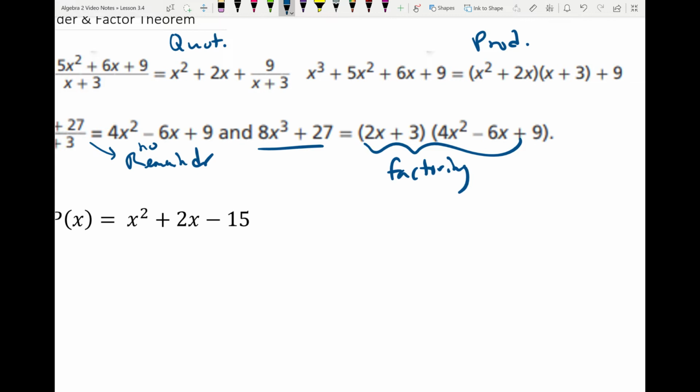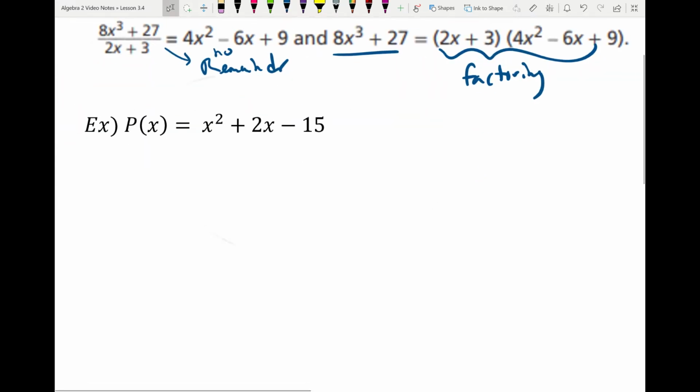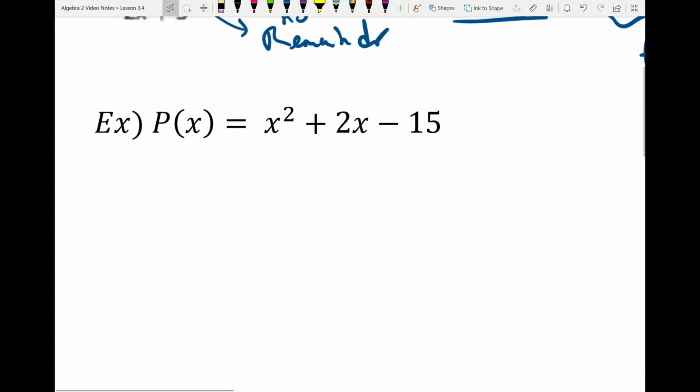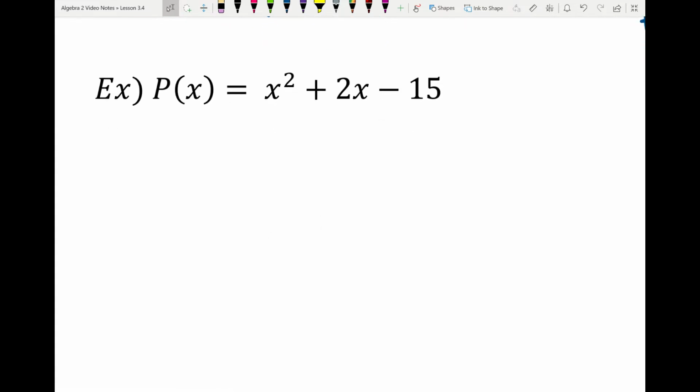So if you know that this polynomial is divisible by another polynomial, then you can write it in factored form. Let me explain that further. So let's look at this example. We have a polynomial, I'll call it p of x, equal to x squared plus 2x minus 15. And what I want to do, I want to illustrate, is I want to first factor this.